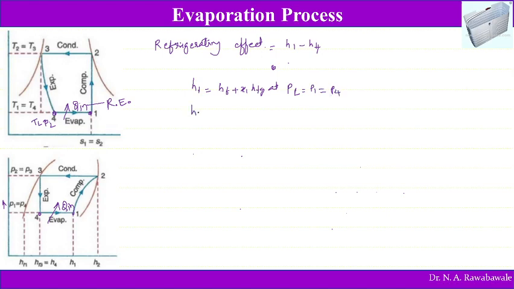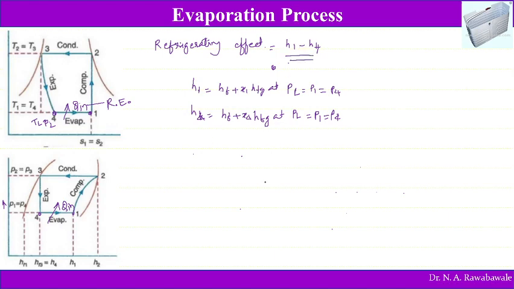Again H4 can be obtained as HF plus X4 HFG at lower pressure PL, which is equal to P1, which is equal to P4. This is how we obtain the refrigerating effect in this refrigerator.